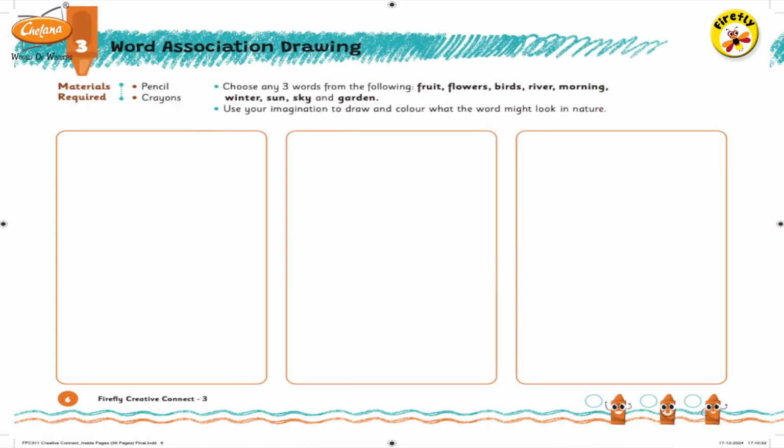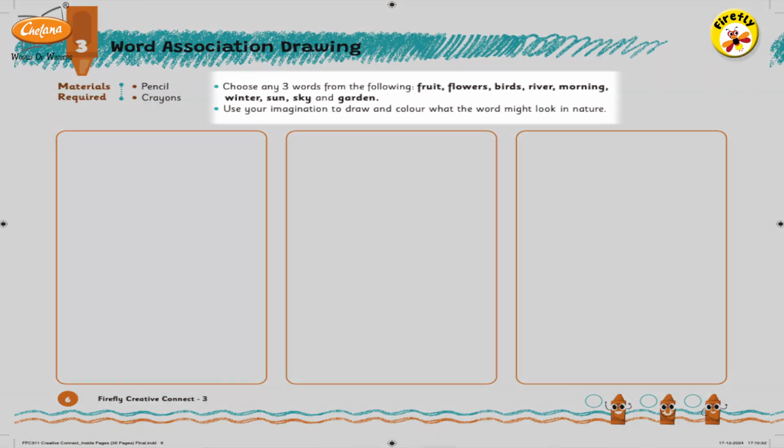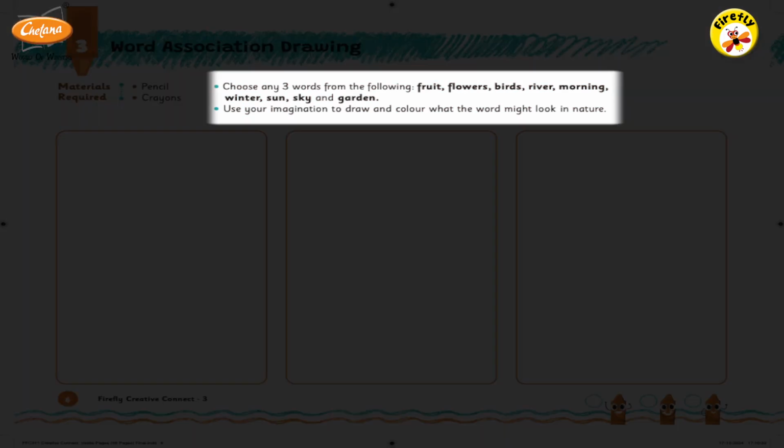Then it goes further up where we have used word association drawings. Choose 3 words from the following: fruit, flower, birds, river, morning, winter, sun, sky, and garden. Now use your imagination and draw and color what the word might look like in nature. Isn't that interesting?